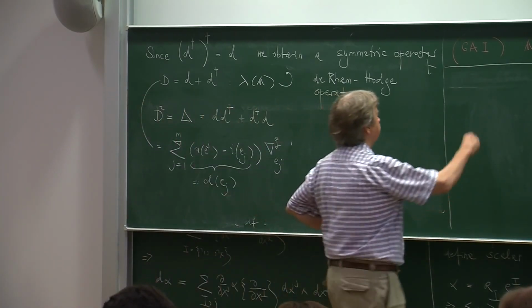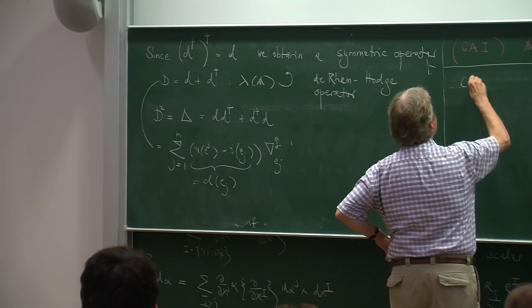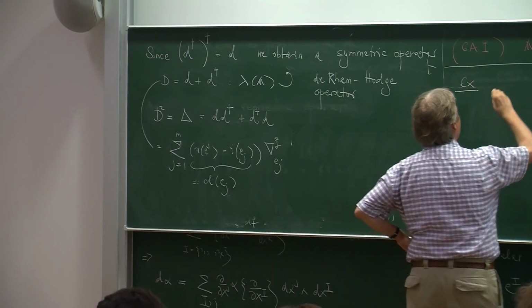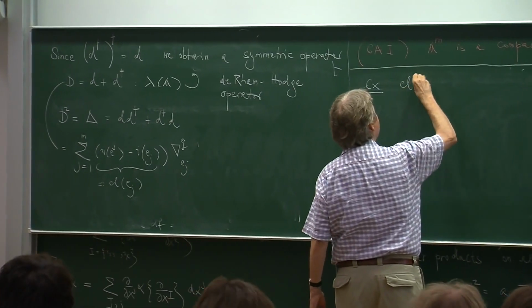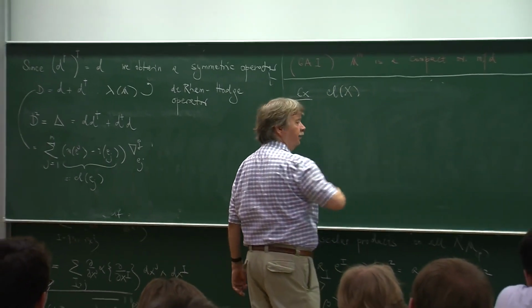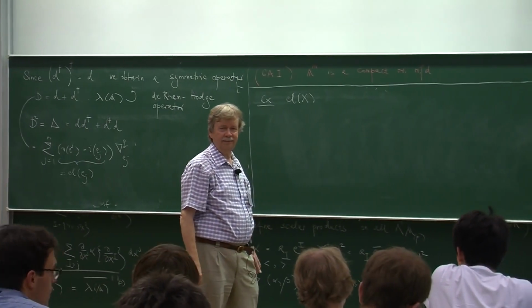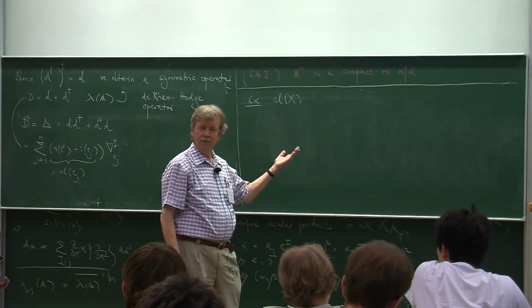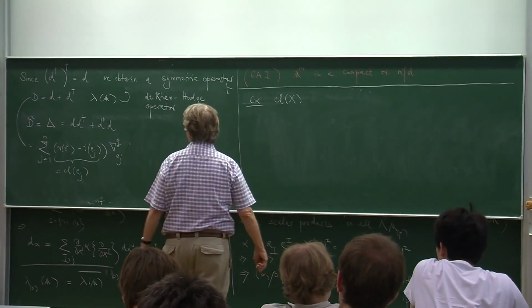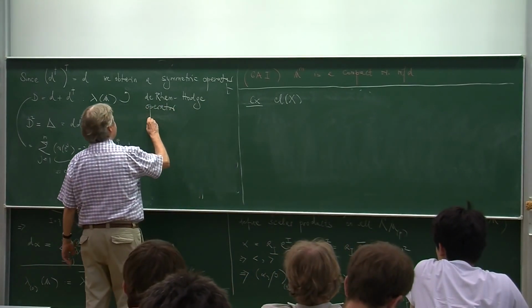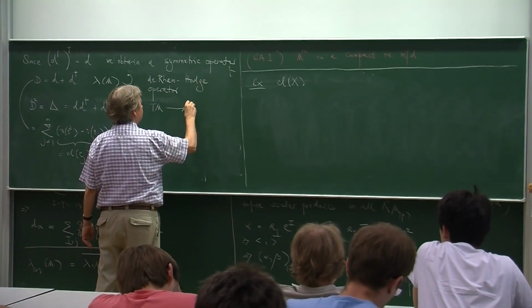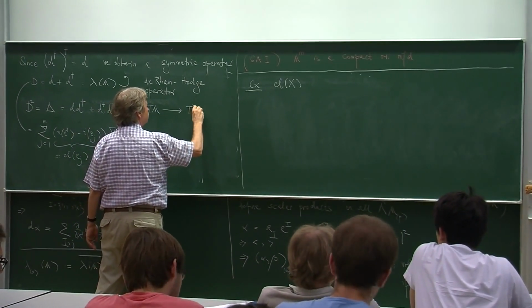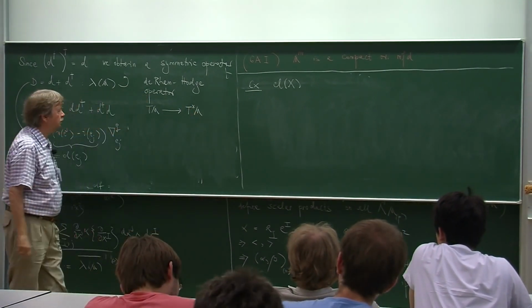So, and of course also an exercise, the most important property is the following. By this recipe, I can define the Clifford multiplication for any vector field, and take the dual vector field. By the way, the metric defines an isomorphism from T m to T m star. This we know.